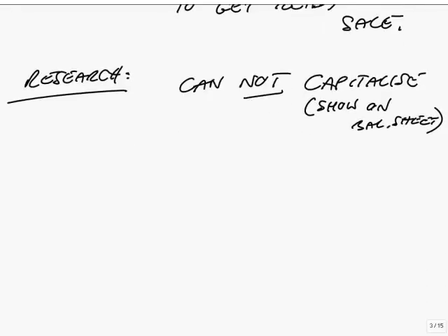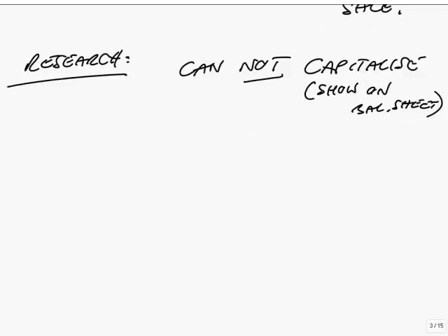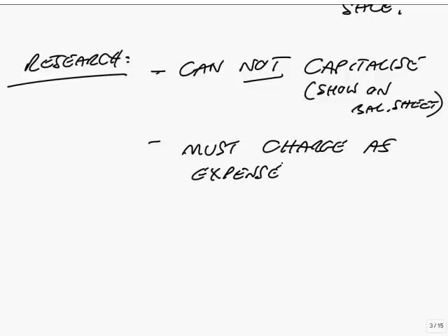You are not allowed to put research as though it's an asset. You must charge it as an expense in the income statement. So you can argue all you like, but there is the rule. Is that clear? I don't want to keep pausing, but if I'm not clear, do shout.